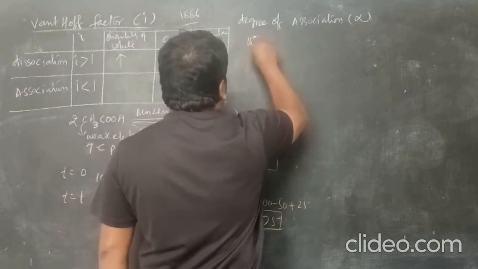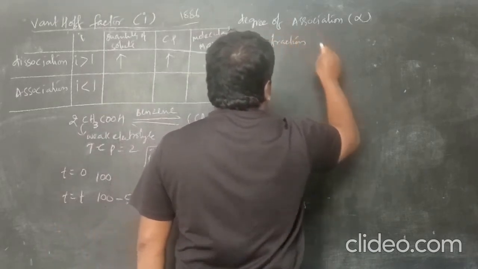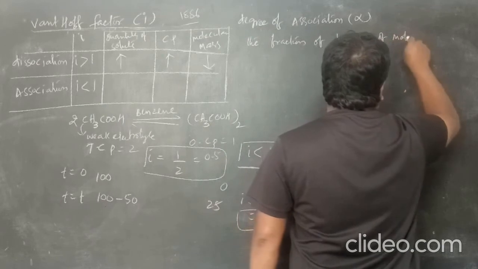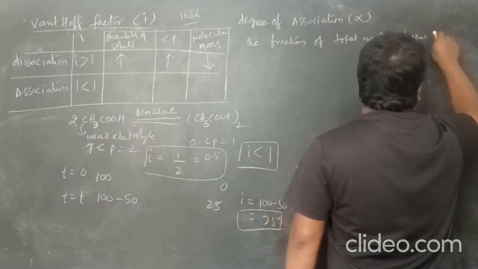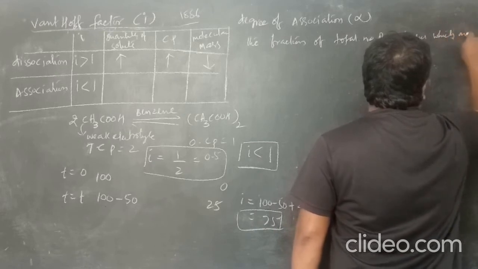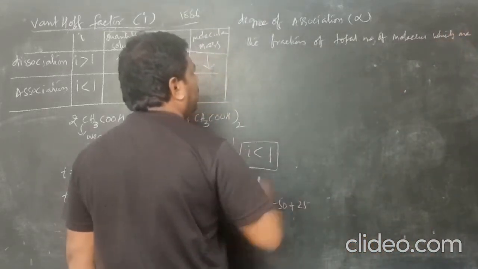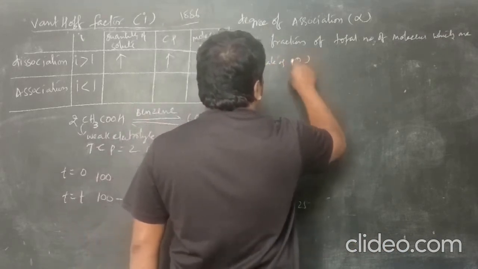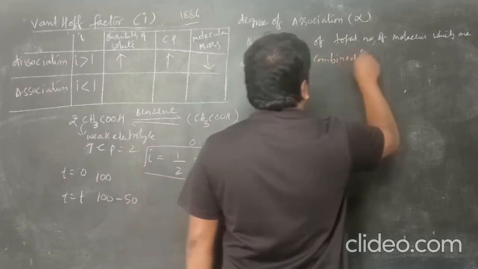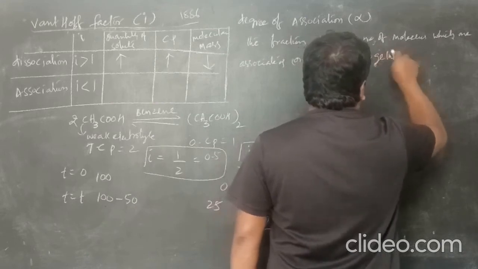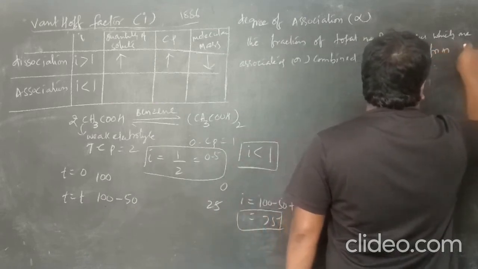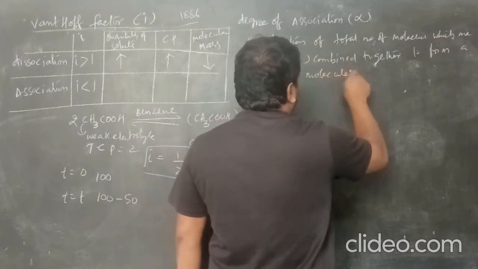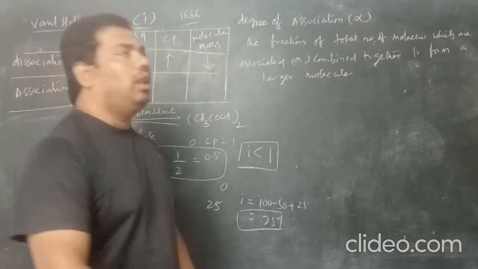The fraction of the total number of molecules which are associated or combined together to form a larger molecule. So the simpler molecules are converted into a larger molecule.